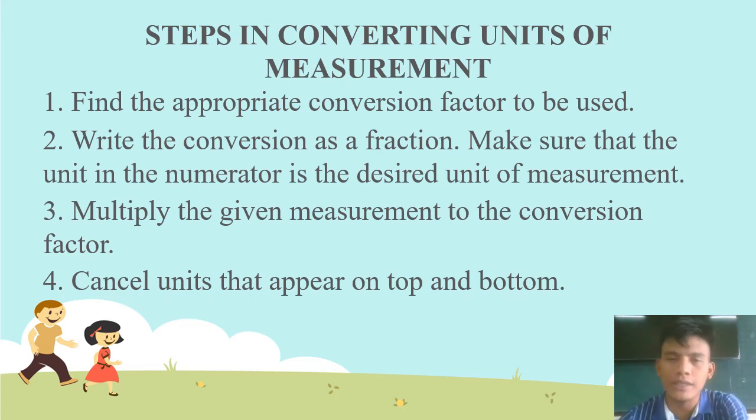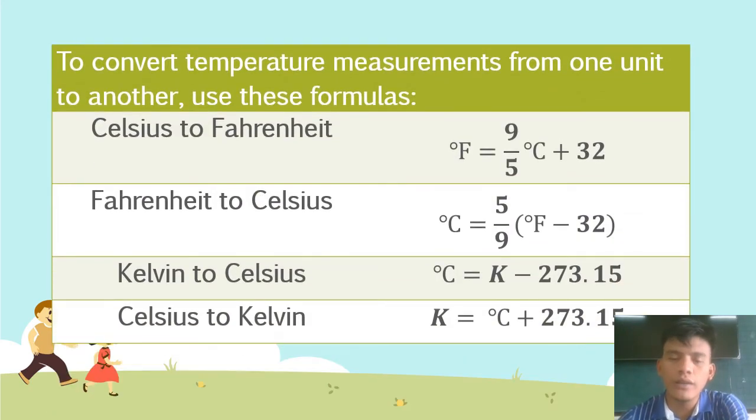Don't forget the steps. To convert temperature measurements from one unit to another, use these formulas. Celsius to Fahrenheit. From a given Celsius, convert to Fahrenheit. The formula is 9 over 5 degrees Celsius plus 32.